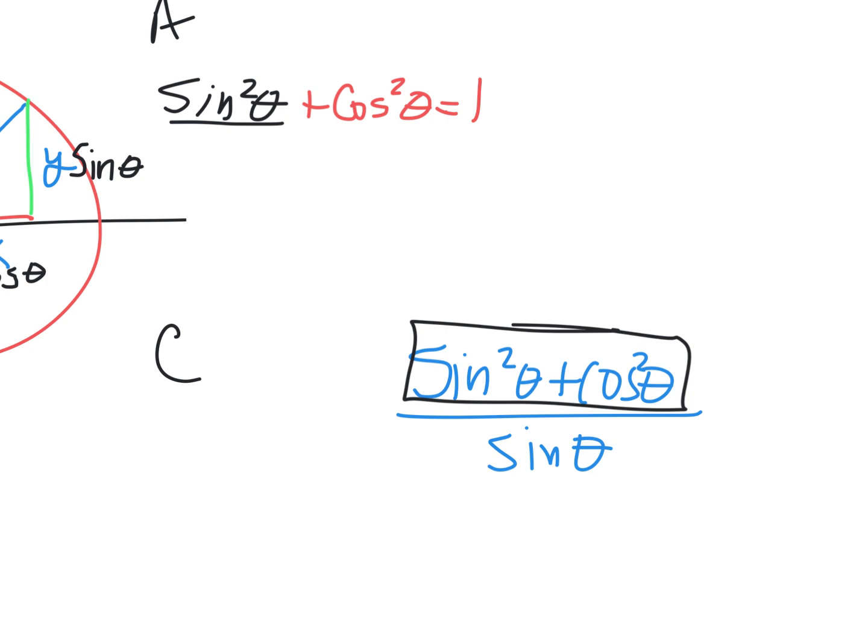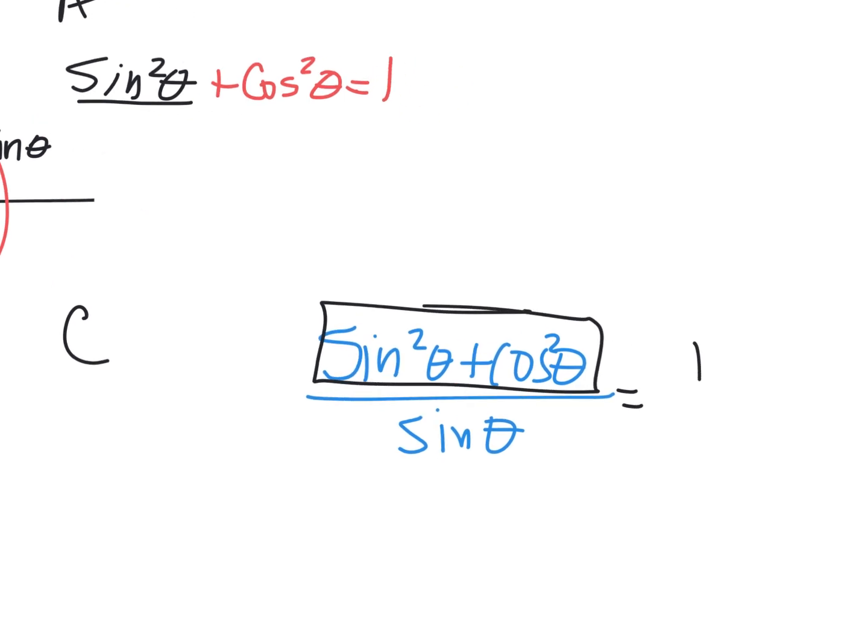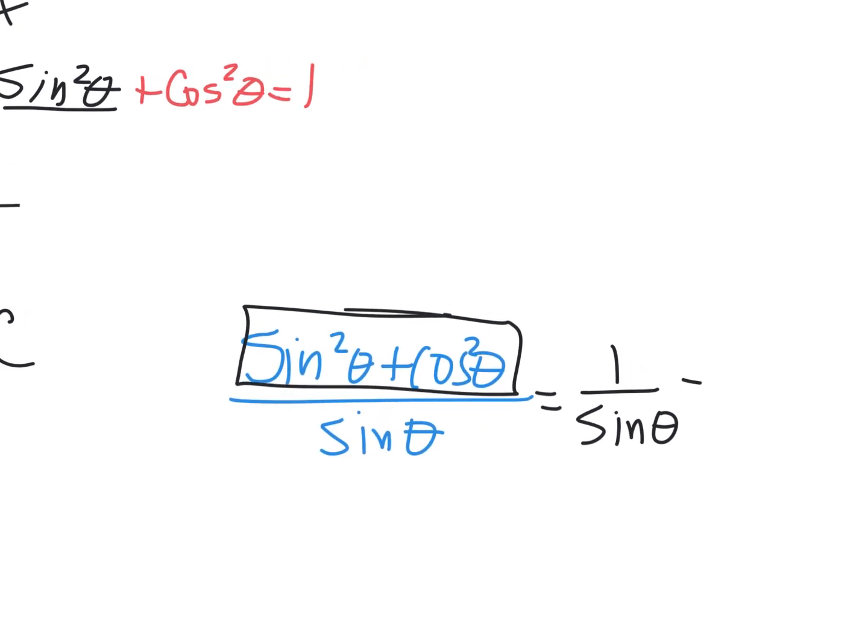That one's just 1. And so then this whole thing is equal to 1 over sine theta. And then somebody in here will be able to tell me what that's equal to. Come on, stretch a little bit. Go back into those files you've kept in your brain. The reciprocal of sine.